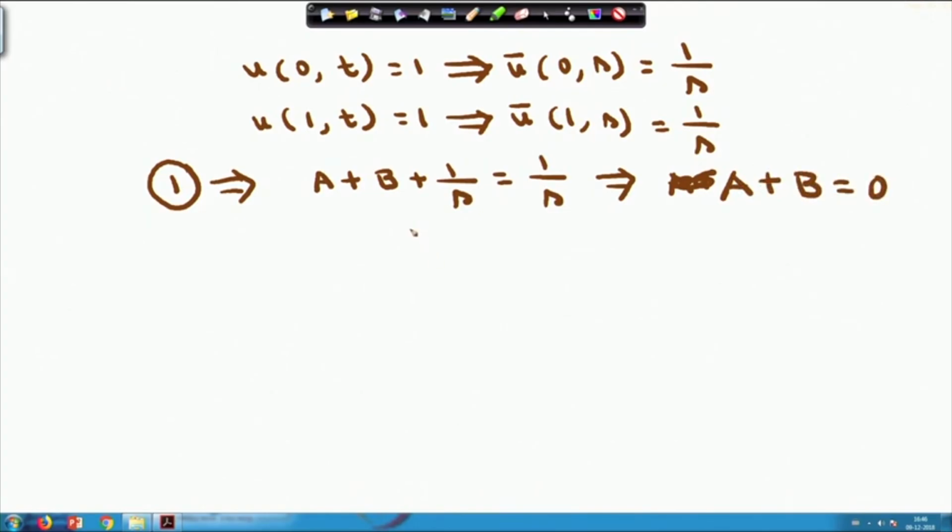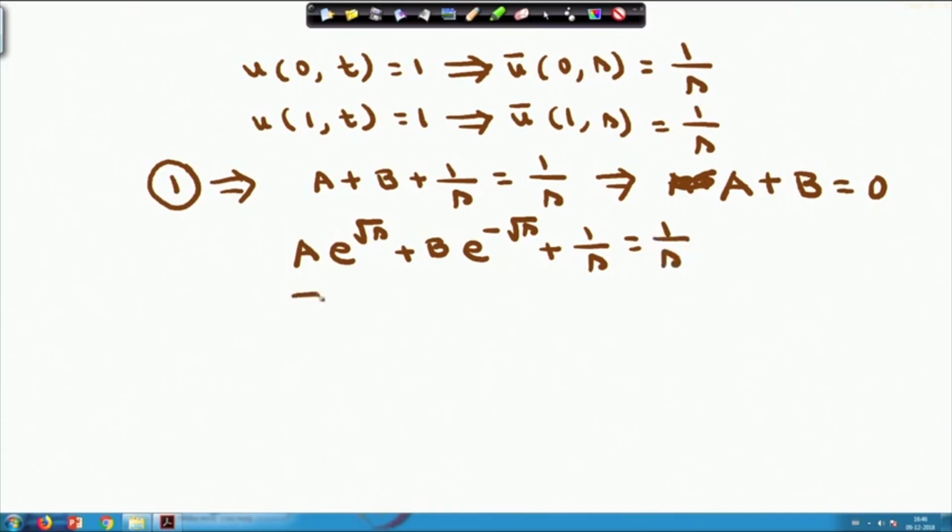And similarly, if you substitute u bar 1 s equals 1 by s in equation 1, what you will obtain is a e power root s plus b e power minus root s plus 1 by s, this is equals to u bar 1 s, which is 1 by s.